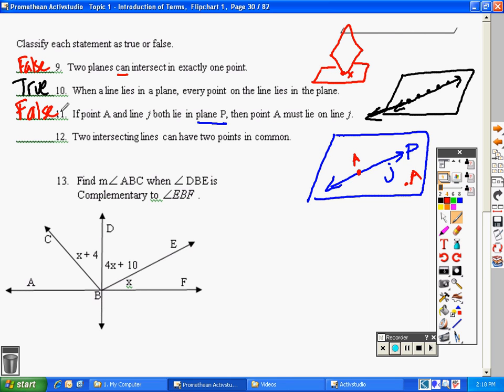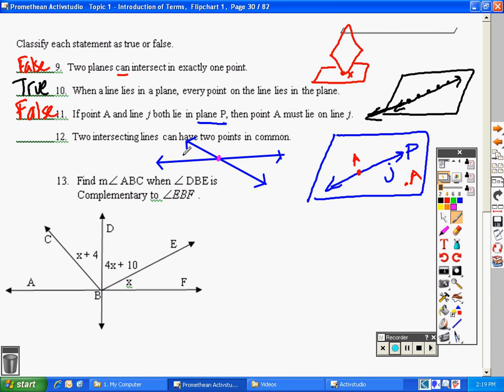All right, last question. Two intersecting lines can have 2 points in common. Well, let's look at them. If I have a line, let's use my line tool, I have a line, and I have another line, and they intersect right here. We have exactly 1 point of intersection right there. Since lines are straight, there's no way for this line to bend back around and touch it again.